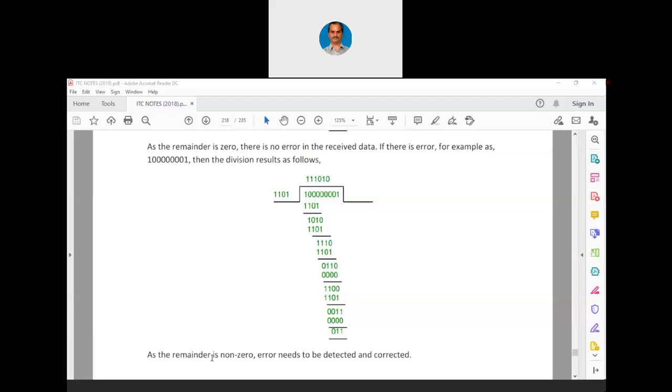Now as the remainder is non-zero, error needs to be detected and error needs to be corrected. One easy method is the receiver will ask the transmitter to send the data once again. That is the easy method.